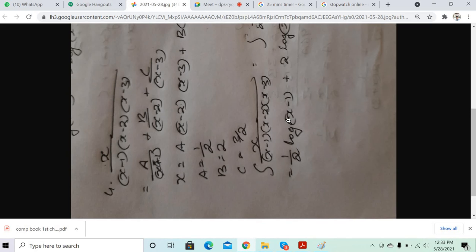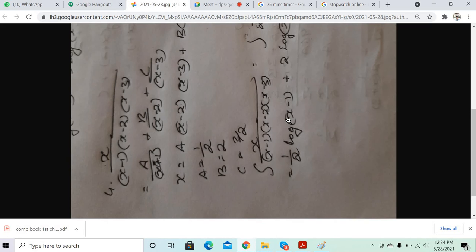X is equal to 1, right? So 1 minus 3 is, yes, correct, 1 by 2. And B is equal to 2 minus 1, correct also. B will be minus 2, no, Vijay?